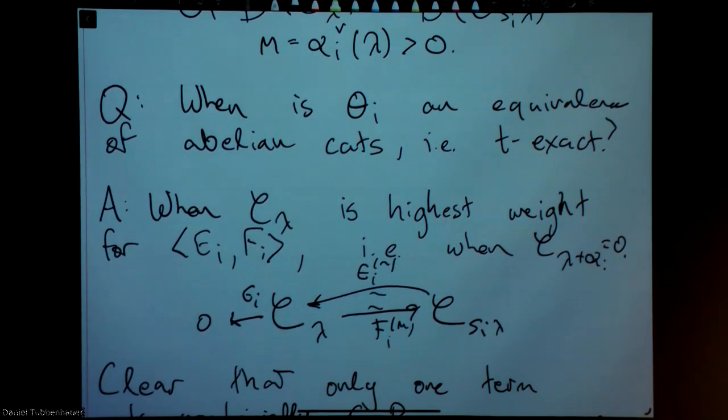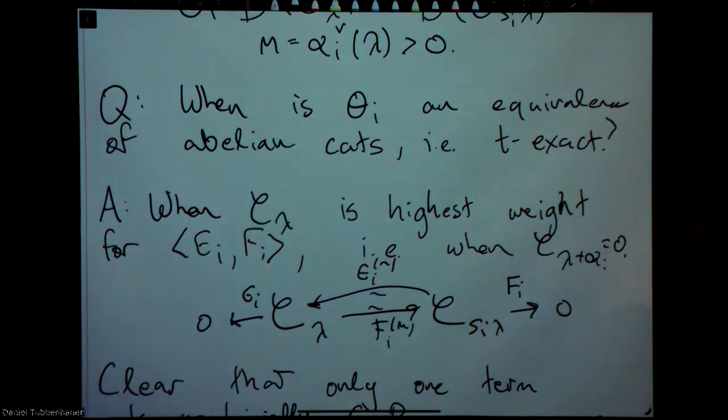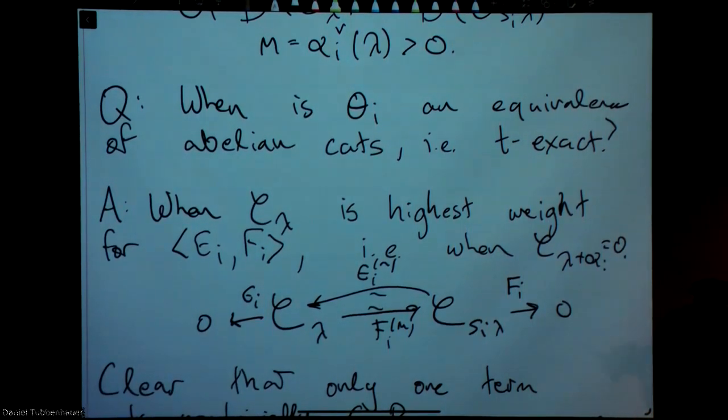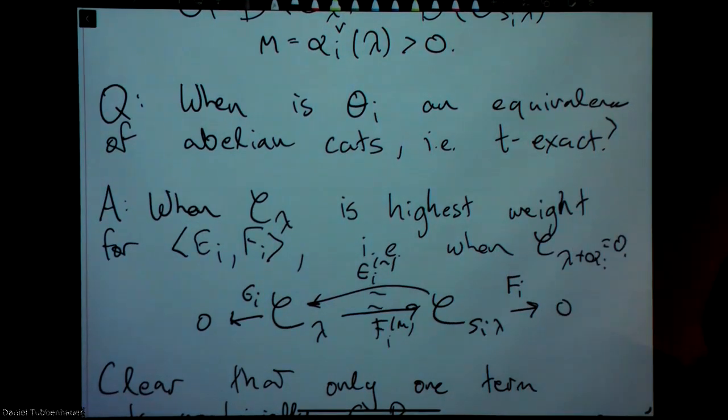So yes, these should have been m's. And this happens if, when I try to go any further on this sl_2 string, I get 0. So the inverse functor has the opposite property: there's only one term that doesn't start with an F_i, or only one term that doesn't start with going too far that way.